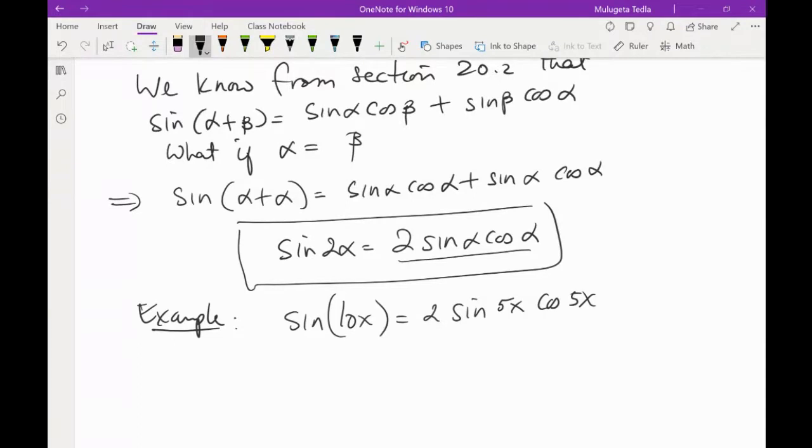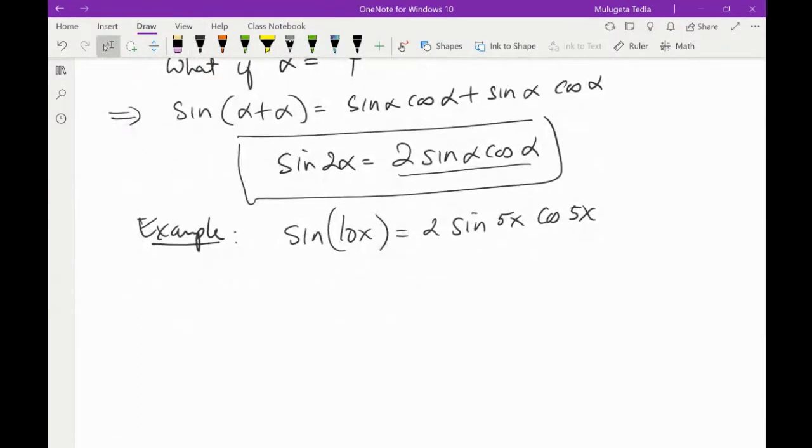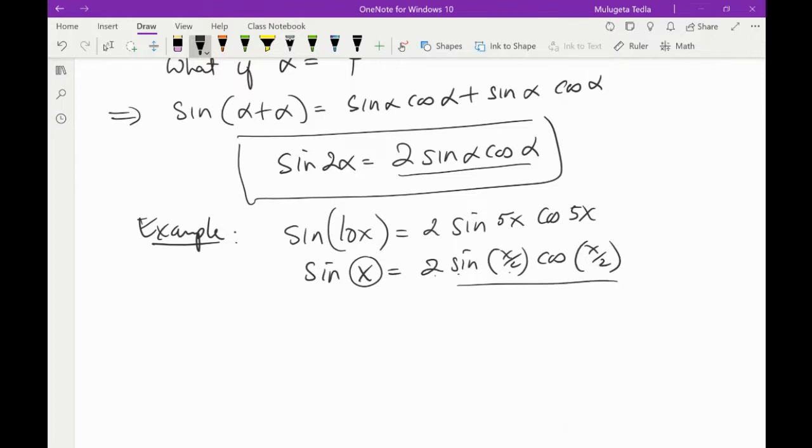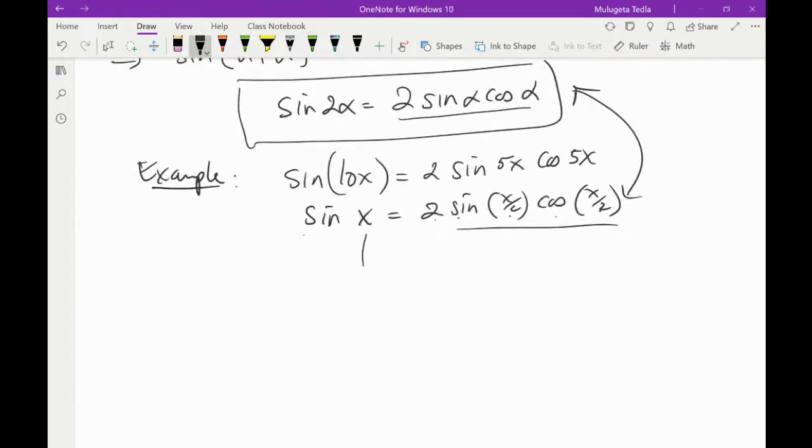Even sine of x, you can write it. What is half of x? It's x over 2. 2 sine of x over 2 cos of x over 2. As soon as you see 2 sine of x over 2 cos of x over 2, you should change it into sine x because it satisfies this definition. What is twice x over 2? It's x. So that's why we have those.